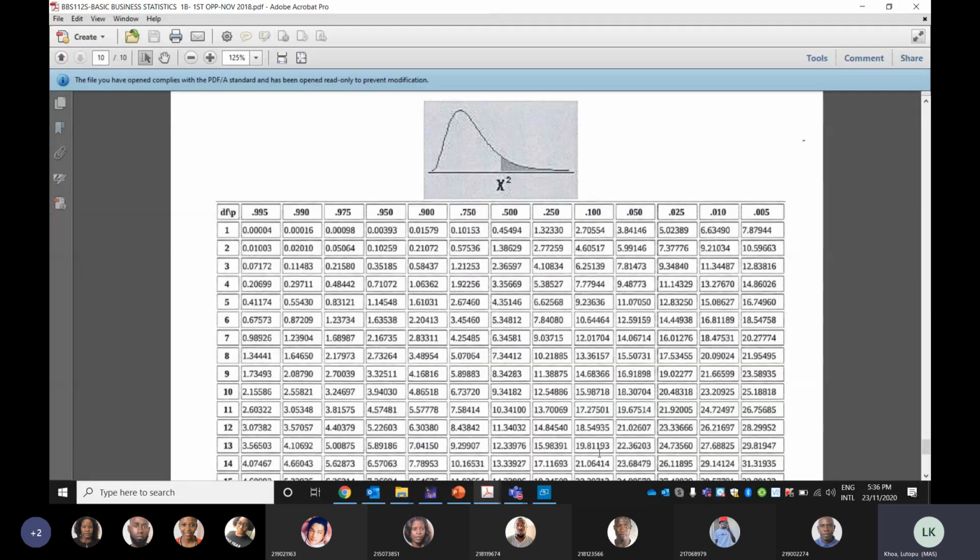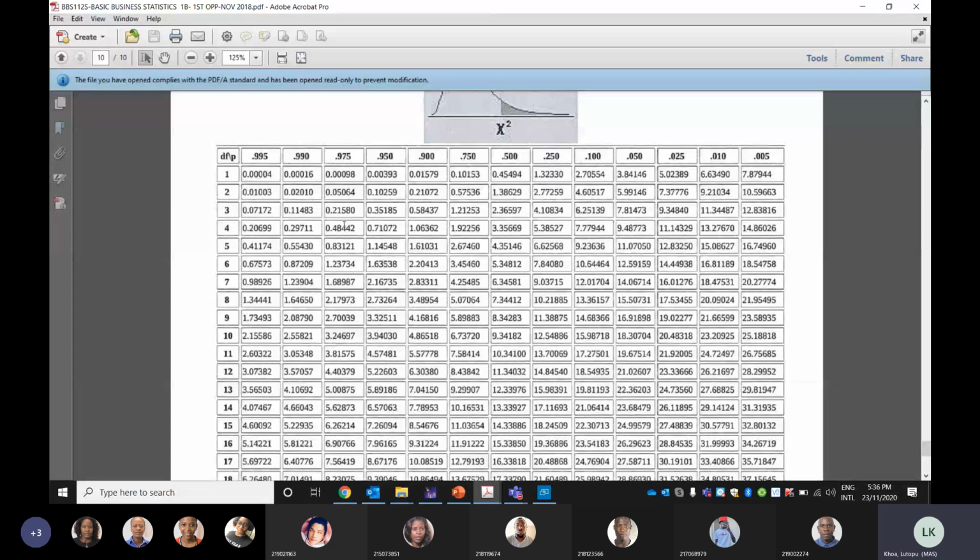There it is. So looking for 0.005. There it is in the last column. Then we said we want 15 degrees of freedom. So 15 degrees of freedom over here. So this is the value that we're looking for, 32.80132. So the 0.005 or your alpha over 2 or 1 minus alpha is in the first row.